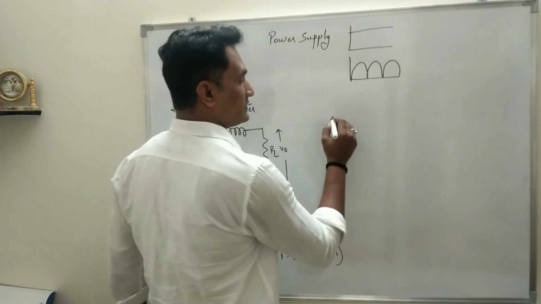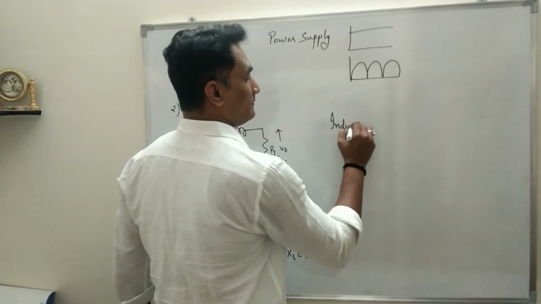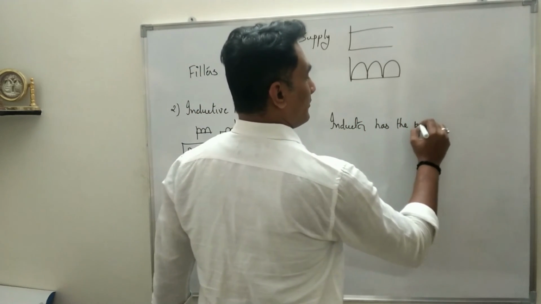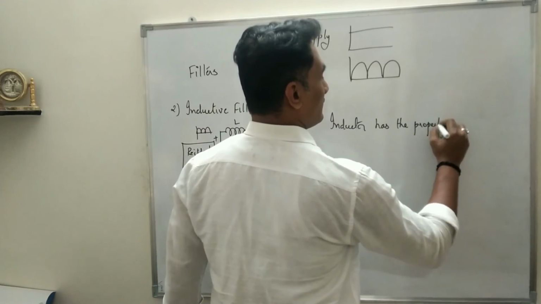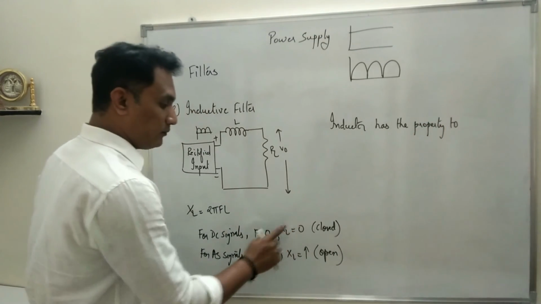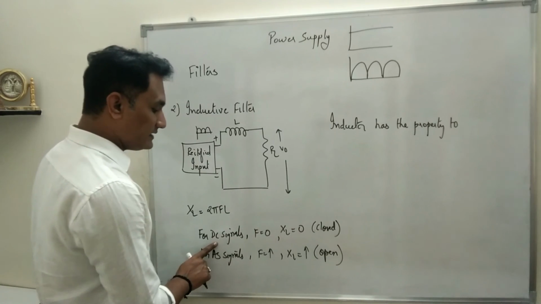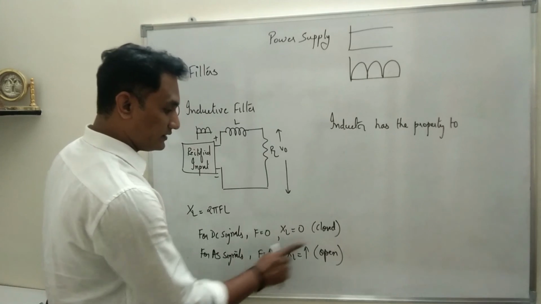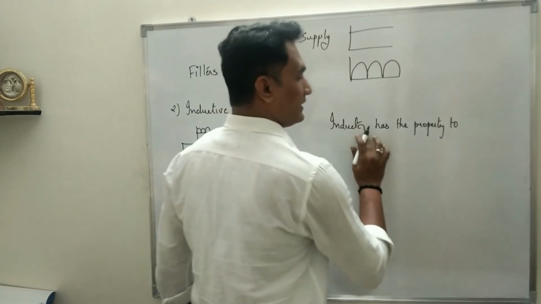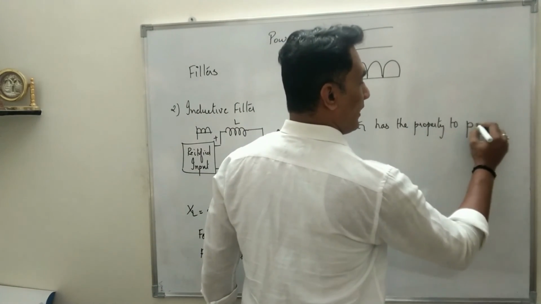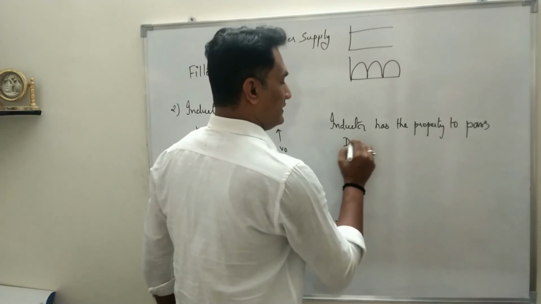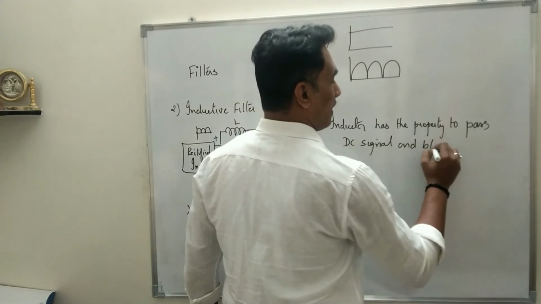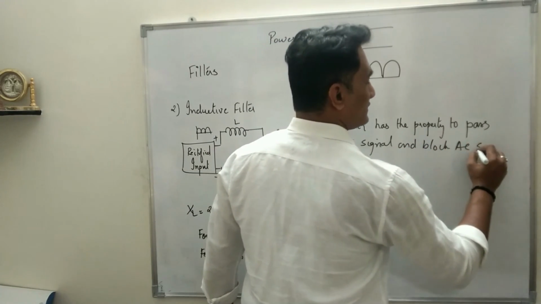What is the result? We say the inductor has the property to block AC and pass DC. Inductor has the property to pass DC signals and block AC signals.